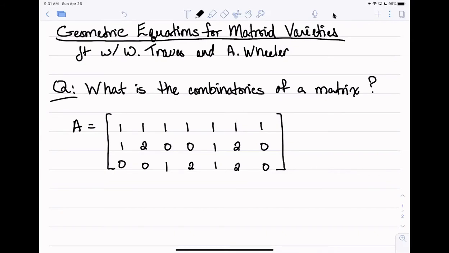And the question I want us to think about first is, what is the combinatorics of a matrix? What might we mean by that? What I mean is I want to think about the columns of the matrix, and this matrix has 7 columns. And I want to think about the sets of columns of my matrix that are linearly independent. And that's what I want to call the combinatorics of a matrix.